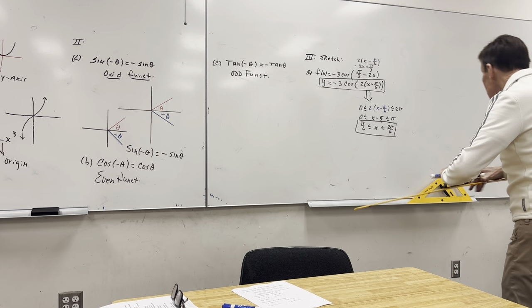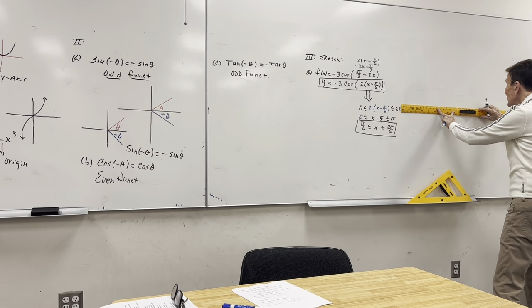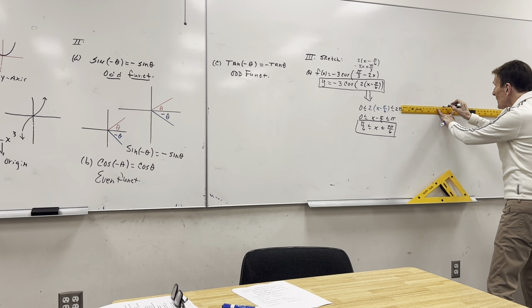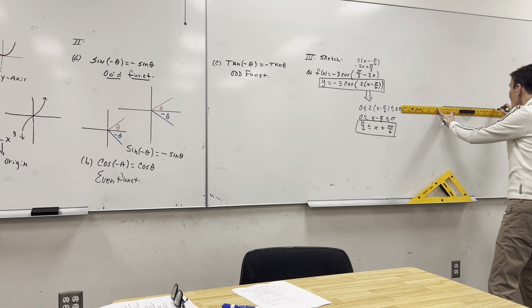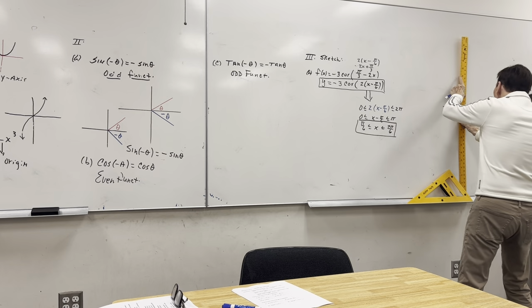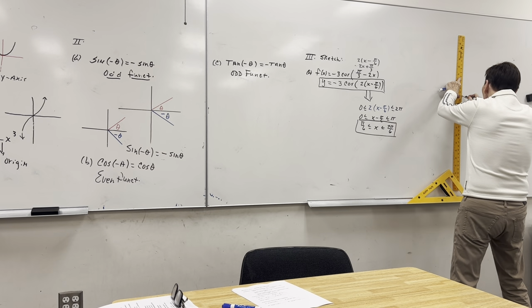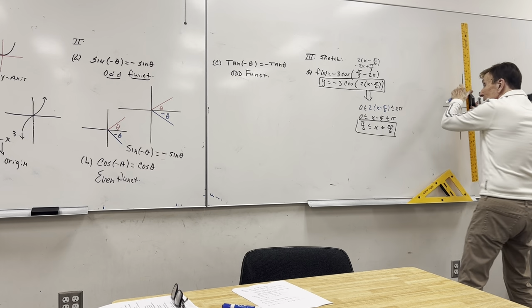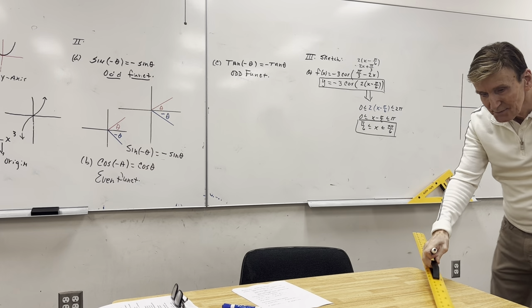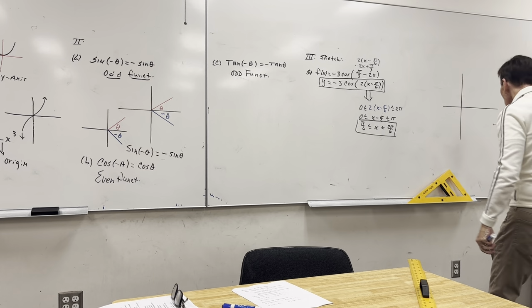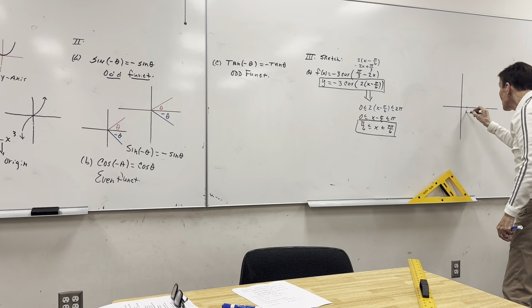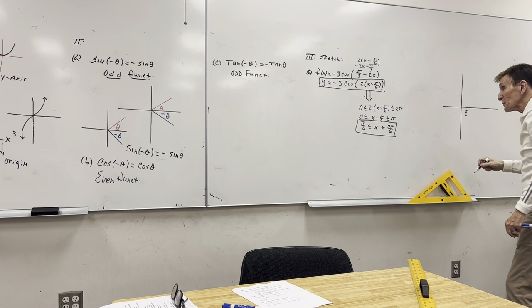So guys, let's do this. Let's go to the grid and try to make this work out for us. And let's place the 5 pi over 6 on the x-axis. Please leave enough space.